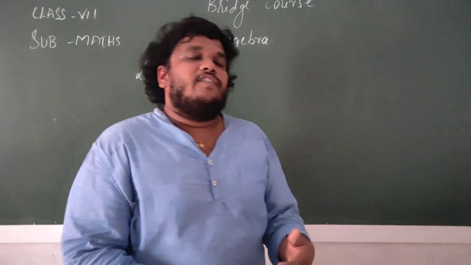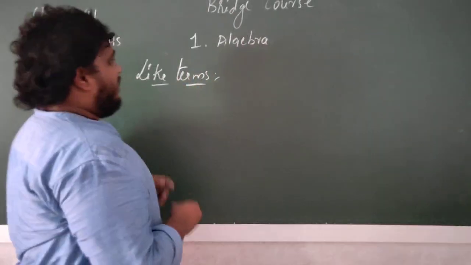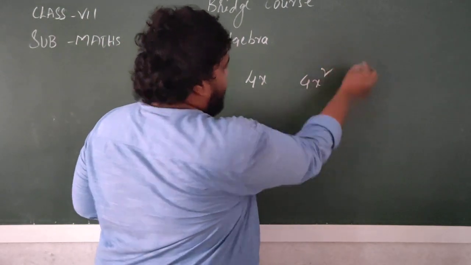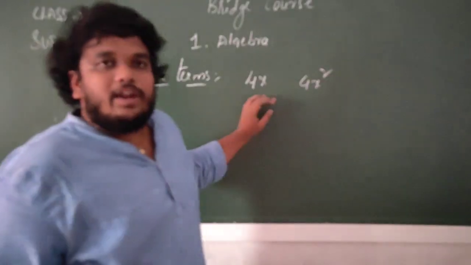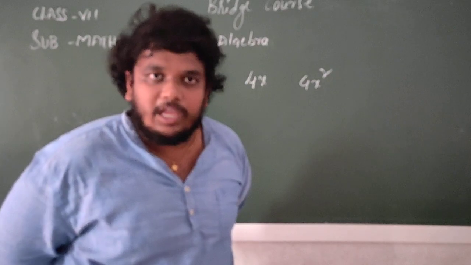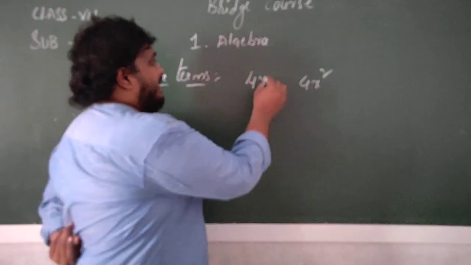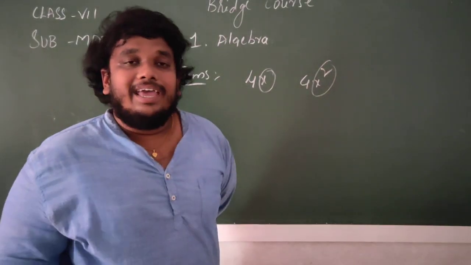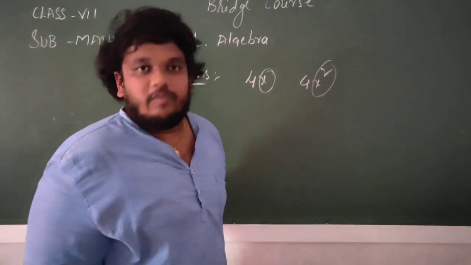What is this same family? We'll see now. For an example, 4x and 4x square. Do 4x and 4x square belong to the same family? No. See, it is an x family and it is an x square family.